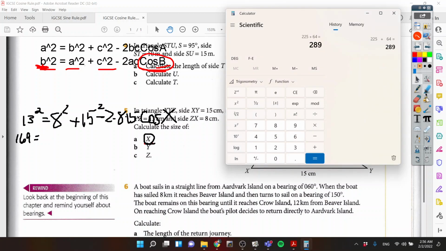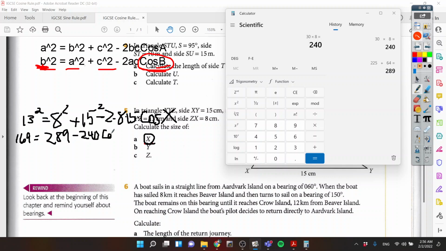Plus 64, 289. 289 minus 2 times 8 times 15. Well, 2 times 15 is 30. 30 times 8, well, whatever. Oh, it's 240. So this is 240 cosine X.